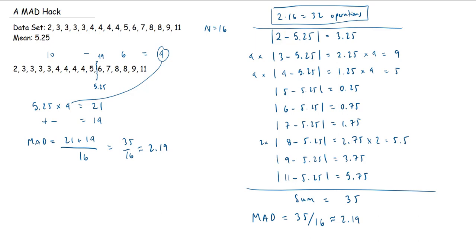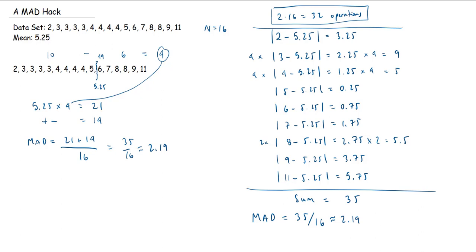And how many operations did we have to do in this case? So let's see. If we count this original step where we count the data points to the left and to the right, we'll count those as two computations. So we had to do those two counts.